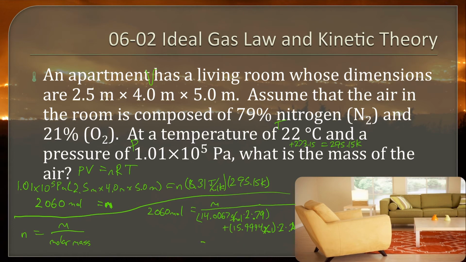I'm running out of space, but you can calculate all that. Multiply the 2060 by the molar mass, and we get 59430 grams, or approximately 59.4 kilograms. That's about 131 pounds. It's a lot of air in there.